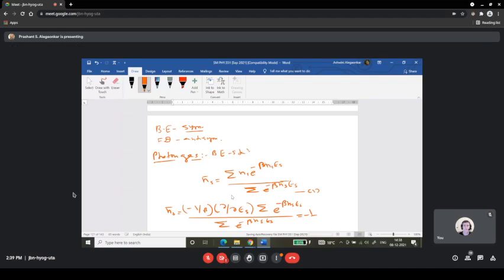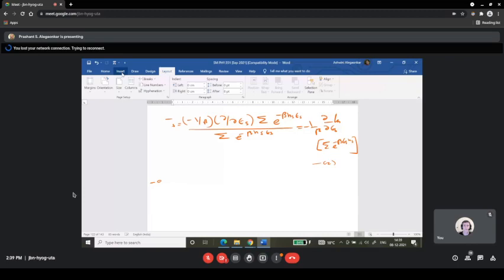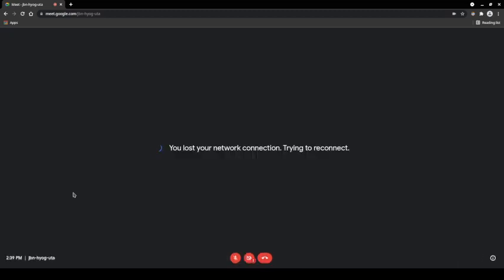We'll consider this as an infinite geometric series, and we can write the summation over ns from 0 to infinity of e raised to minus beta ns epsilon s, which is equal to 1 plus e raised to minus beta epsilon s plus e raised to minus 2 beta epsilon s plus e raised to minus 3 beta epsilon s, and so on and so forth, which is equal to 1 divided by 1 minus e raised to minus beta epsilon s.